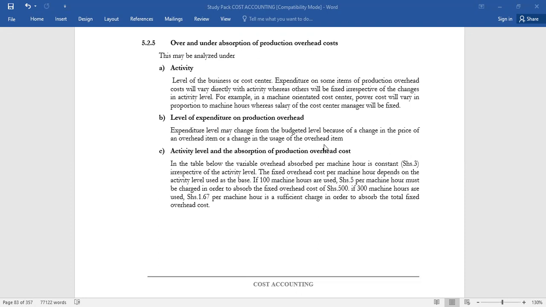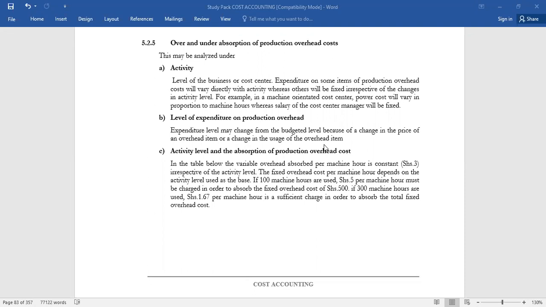For example, the salary of the factory manager will not change. But because of additional activities, the factory line manager might be asked to work overtime. So overtime will increase the overheads.